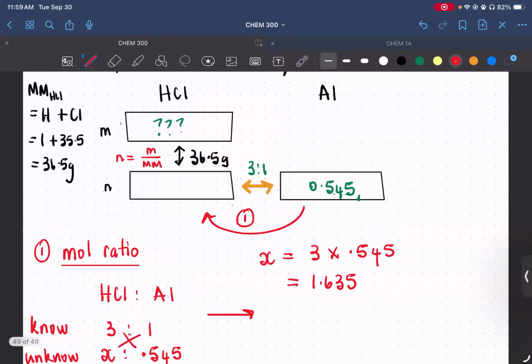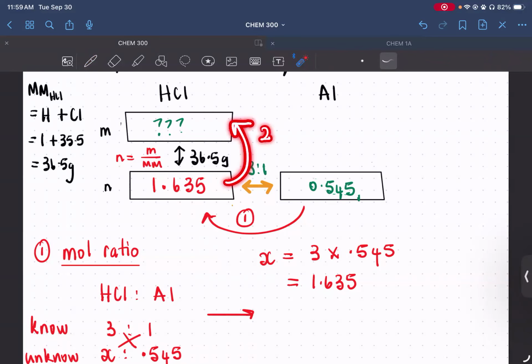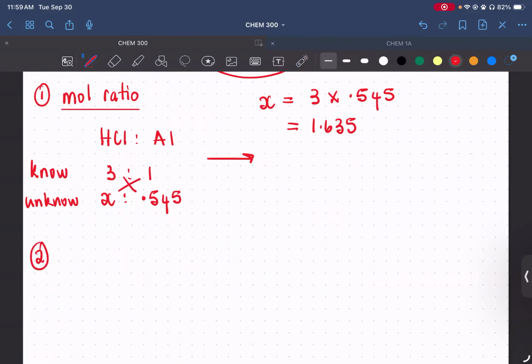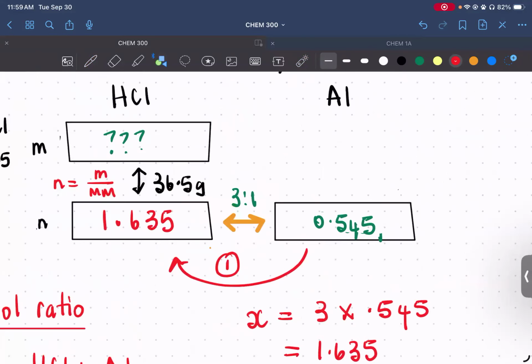We're not done yet. All we've done is calculate the number of moles. That was step 1. The path ahead then says to go from moles to mass, which is step 2. Let's look at the roadmap. Remember, the roadmap tells us everything.